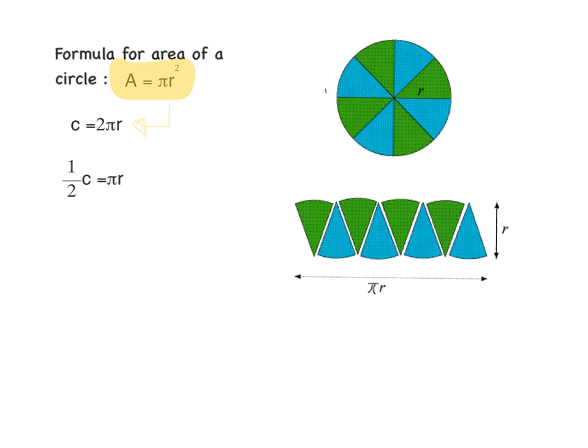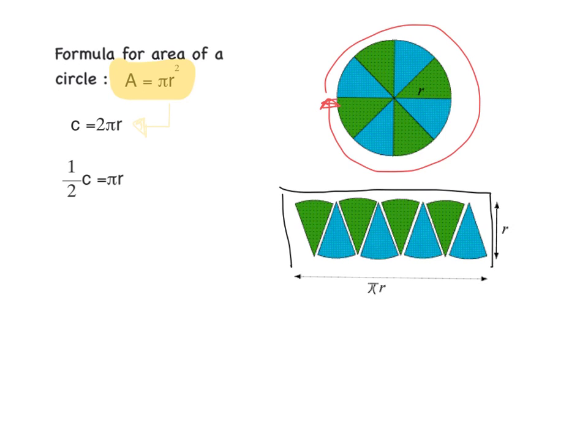The circumference of a circle is equal to 2 times pi times the radius. Well, if I want to rearrange this circle into something similar to a parallelogram, I could take all these pieces and rearrange them so that it closely resembles a parallelogram.